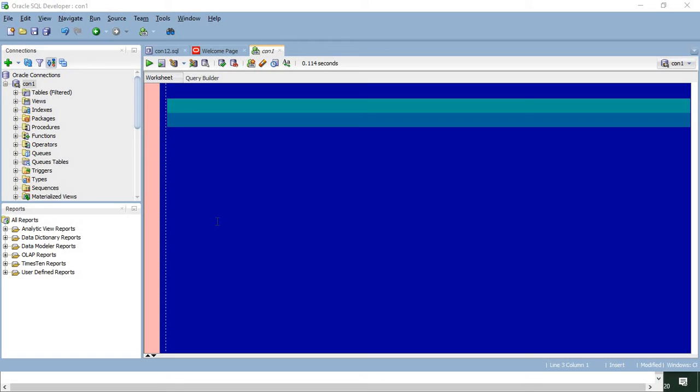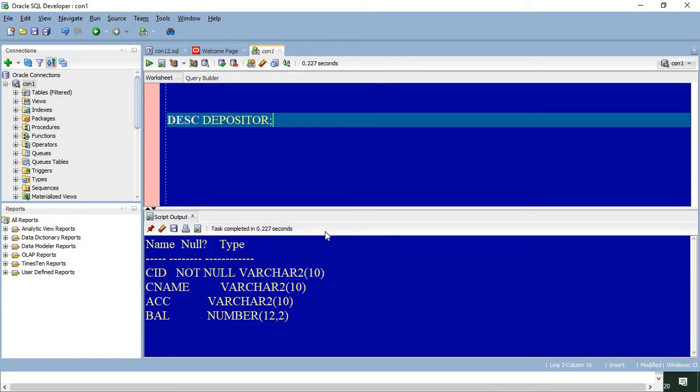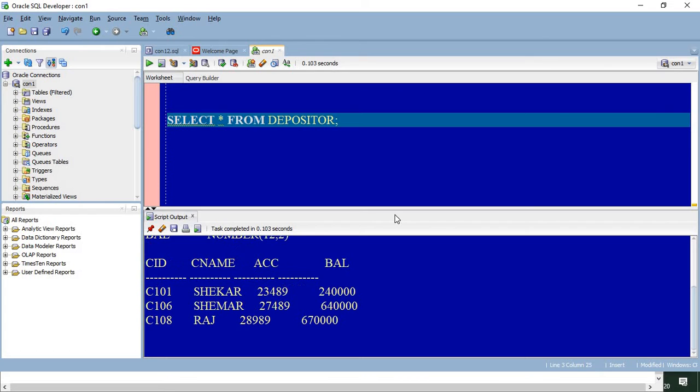So let us see the two tables first, then we will apply these set operations on them. This is our depositor table that has customer ID, customer name, account number and balance as attributes. If we see the values present, there are 3 rows in this table.